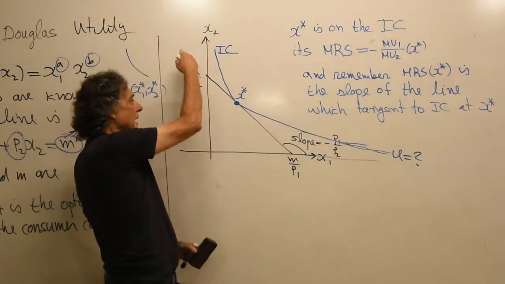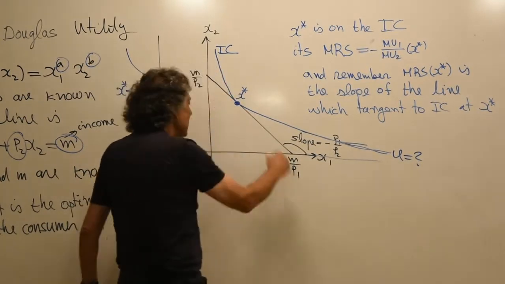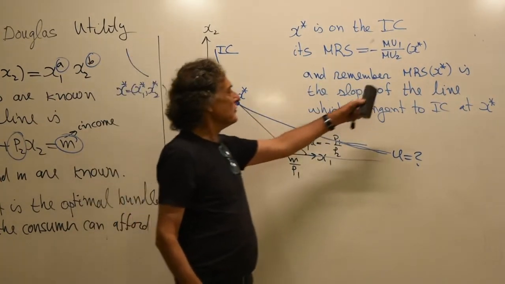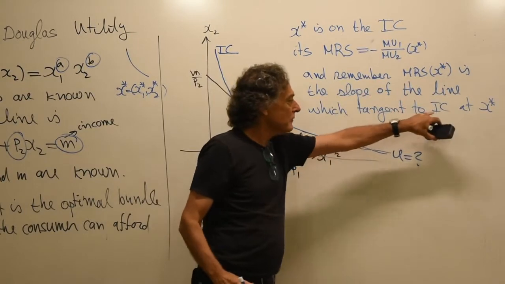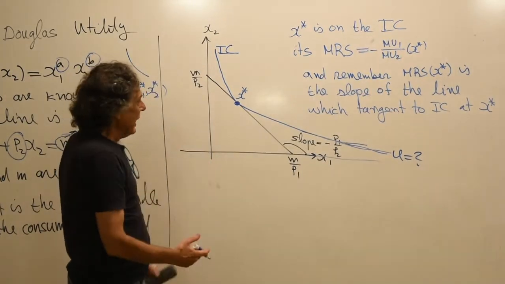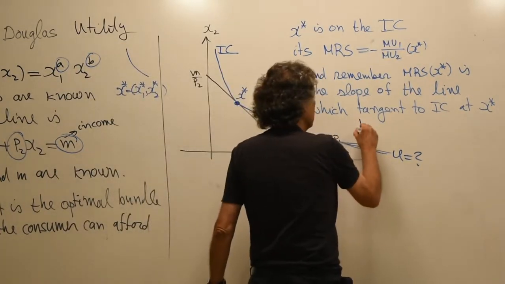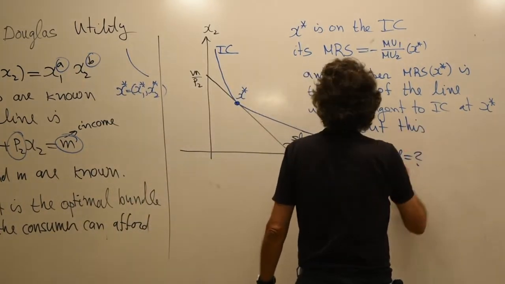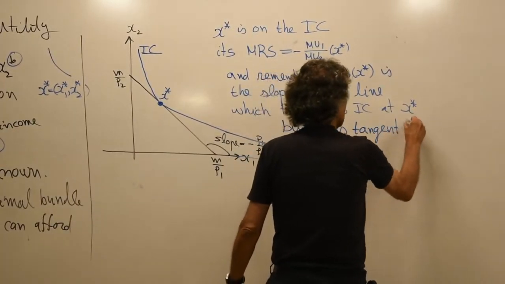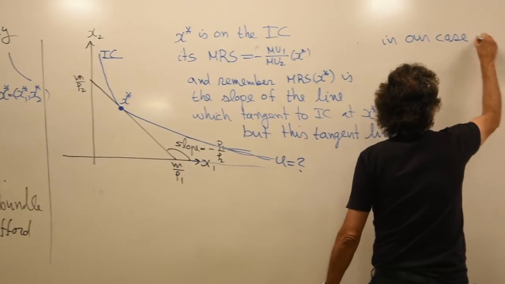I have to take at x star a tangent line, okay, and the slope of the tangent line is the MRS. So the MRS is the slope of the line which is tangent to the indifference curve at this point. It so happened that this tangent line, in our case, is the budget line.